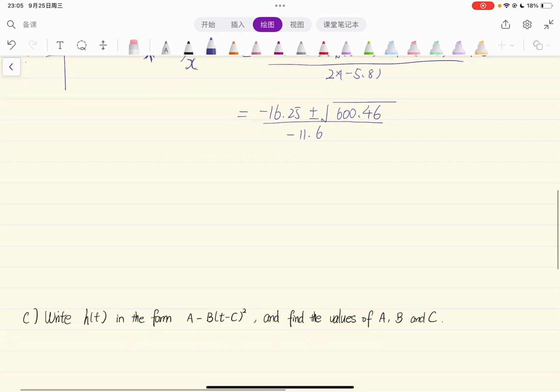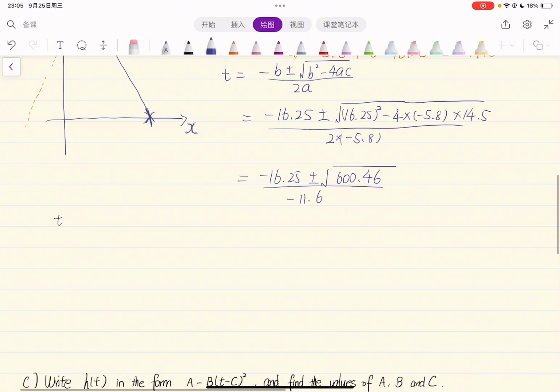The first one, t1 equals minus 16.25 minus the square root of 600.46, over minus 11.6. So we use a calculator again. What do we have? We have 3.51 to 3 significant figures. And another root, t2 equals minus 16.25 plus the square root of 600.46, over minus 11.6.